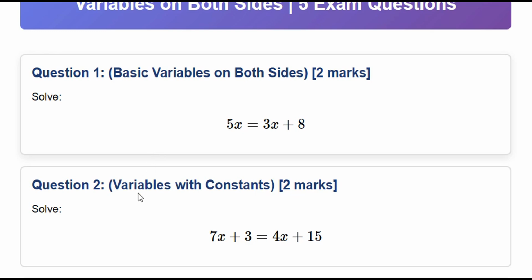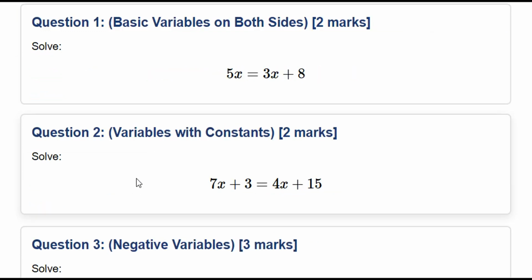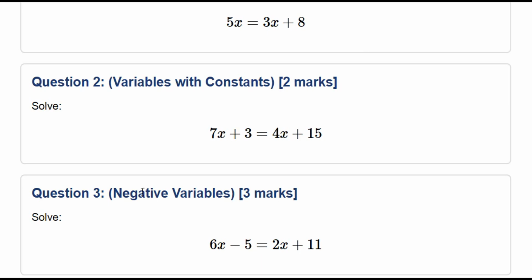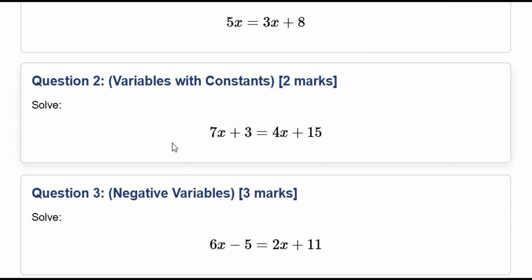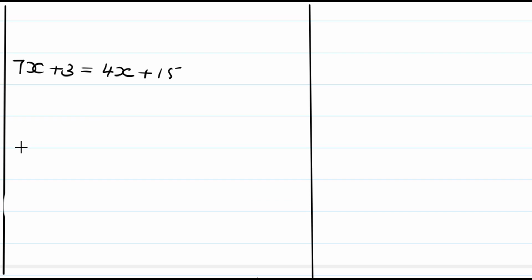Now let's try to solve question 2, which is a bit more complex. In this question 2, we are told to solve 7x + 3 = 4x + 15. The first thing here is to combine the like terms together. These are the variables and the constants.